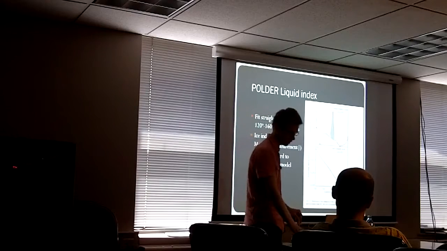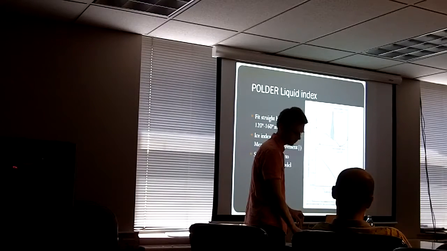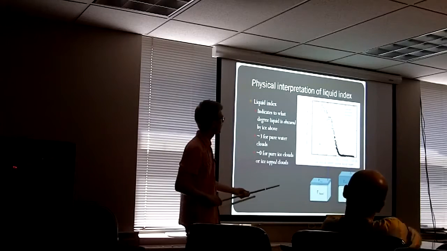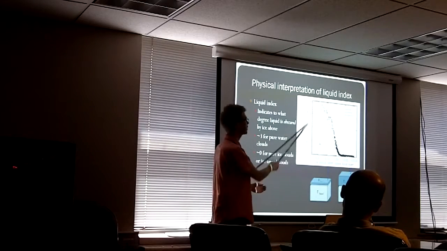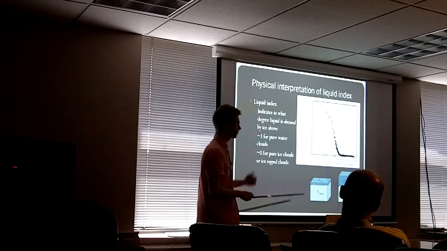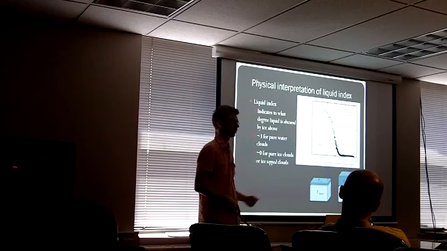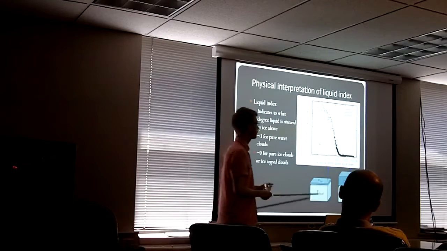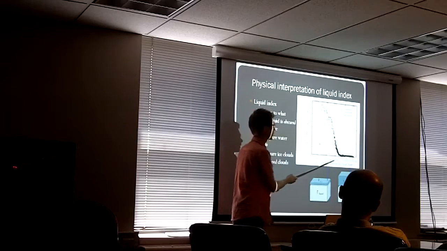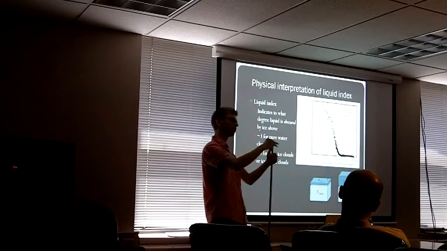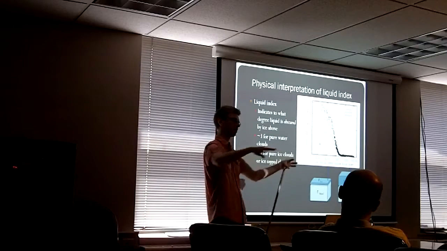So to give a more physical interpretation of this liquid index, that's shown here. These are simulated liquid index values for different model simulations, where I plot on the x-axis the ice optical depth above the liquid part of the cloud.